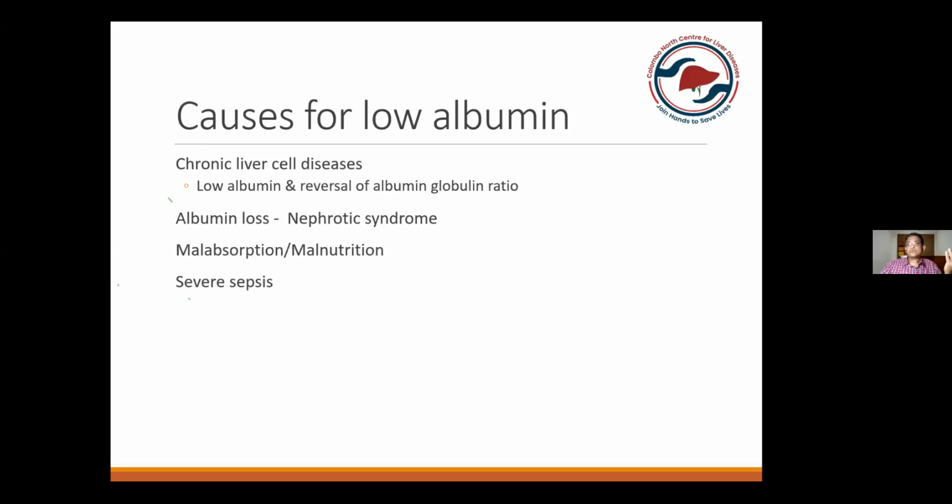So if you don't absorb proteins, then your albumin will be low. Then severe sepsis is one of the very well-known causes for low albumin. So there aren't many causes for low albumin, maybe 4 well-known causes.